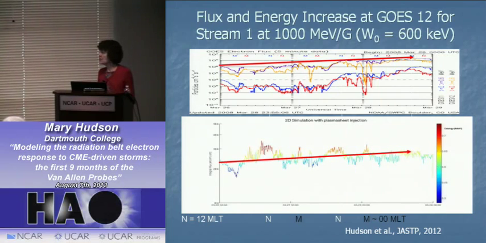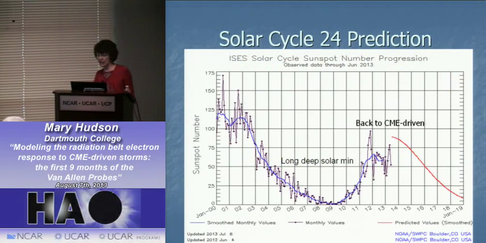I'll just put this up without saying too much more about it. The result of the test particle simulations riding along on the MHD fields was to reproduce the flux enhancement that was seen at 600 keV by GOES that was associated with the first high-speed stream. So I bring this up as recent past work that we've done collectively using codes here.